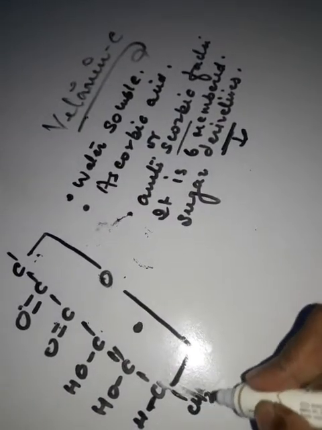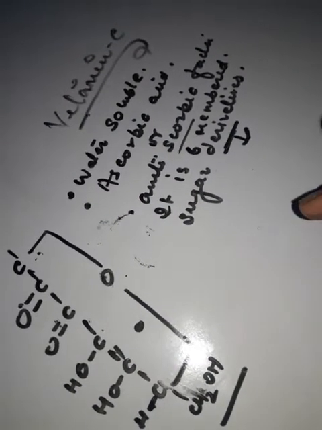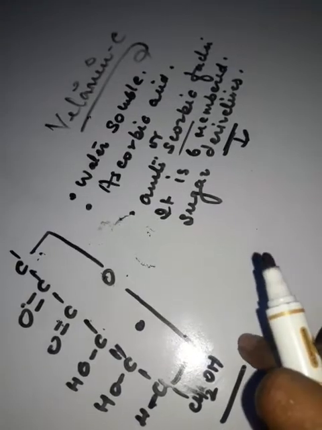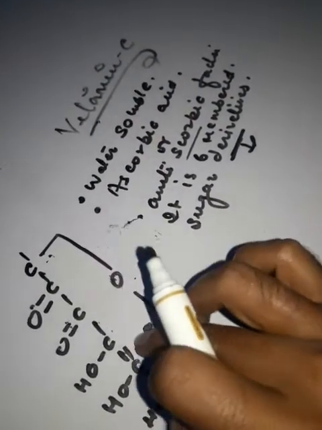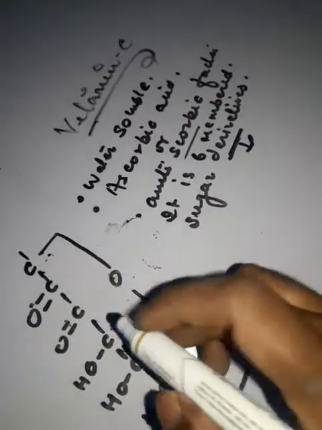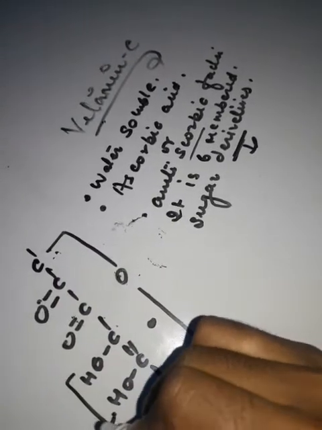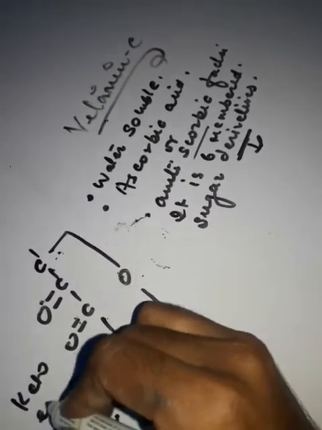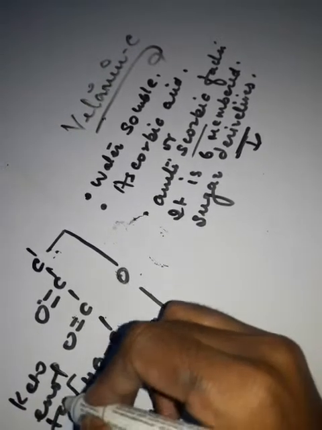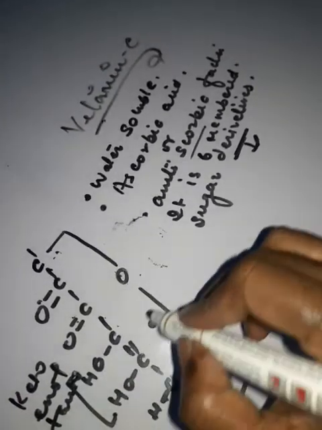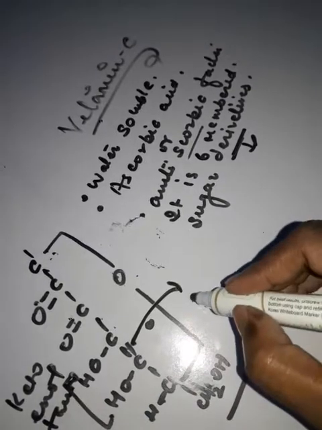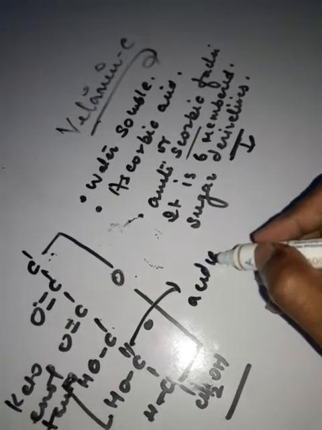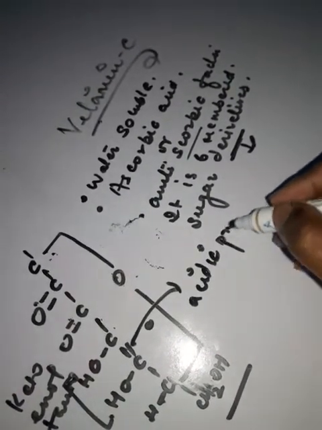On the bottom CH2OH will be present. So two carbonyl and two hydroxyl groups are present here. This group represents keto enol tautomerism, by which this molecule shows acidic properties.